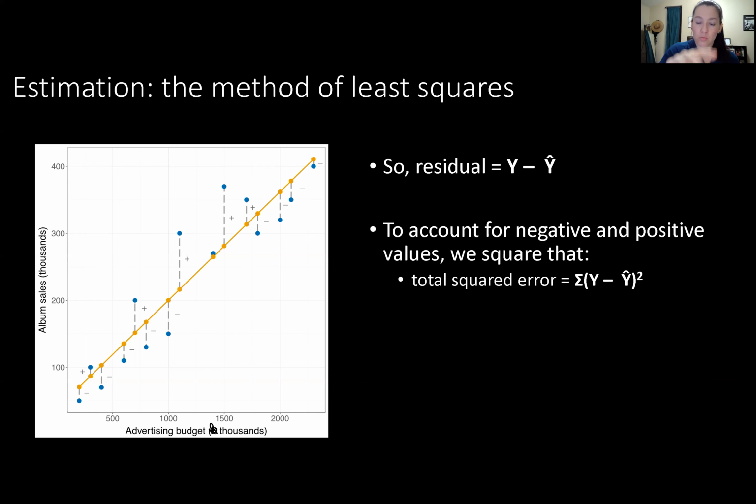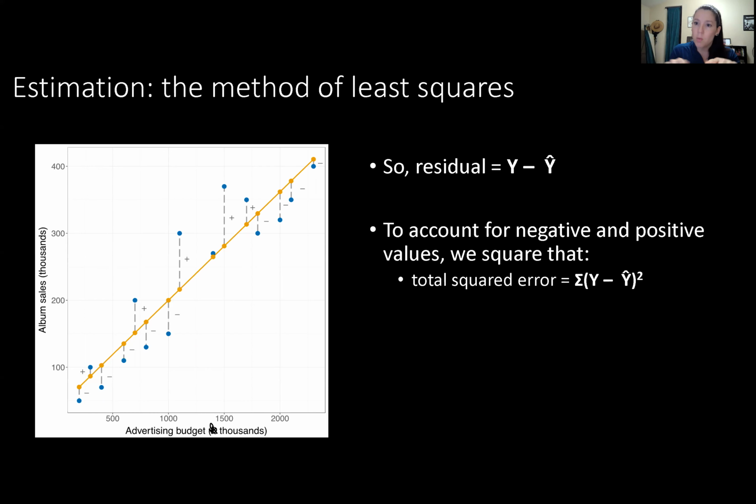So when we're talking about the method of least squares, that means that you take each of these error values and you square it. Think about that. That maps right onto what we were talking about way back in the first week, when we were reminding ourselves how we calculate deviations and variance, where we had to look at that deviation and then square it. So you're doing something like that here.